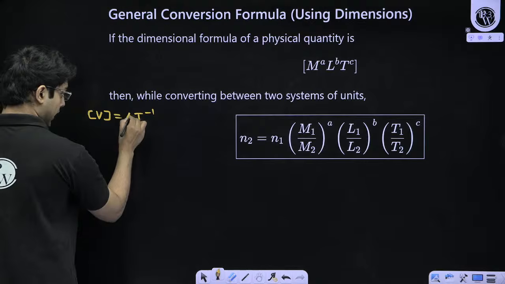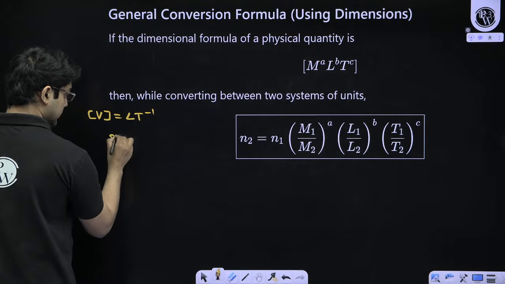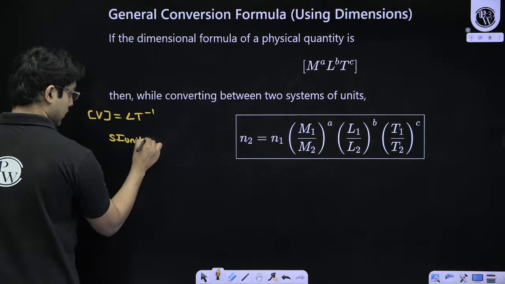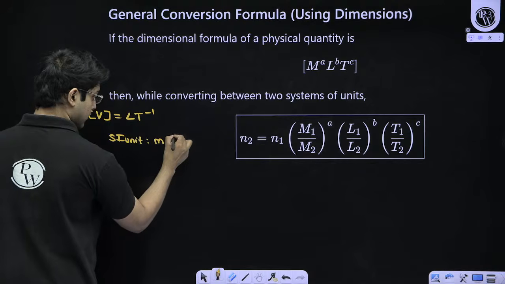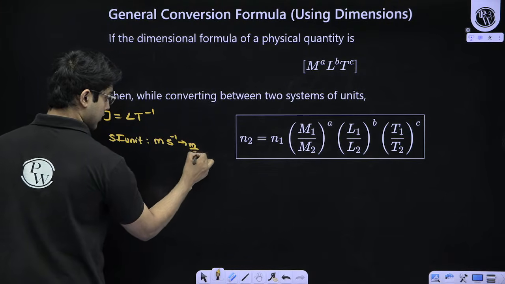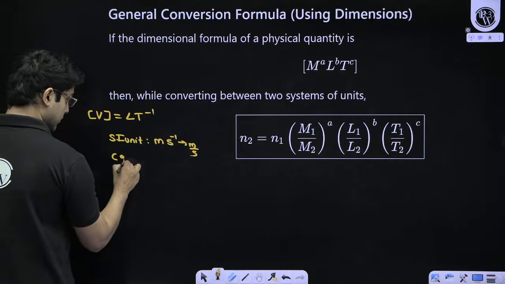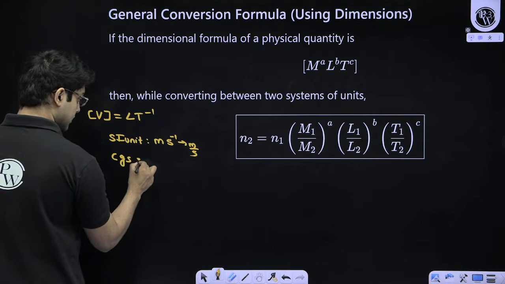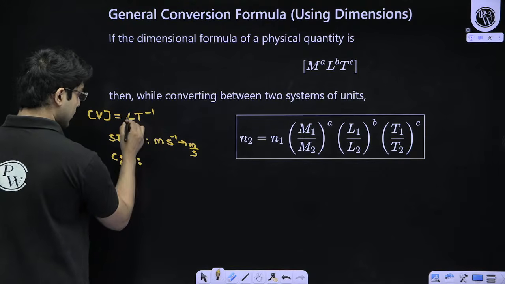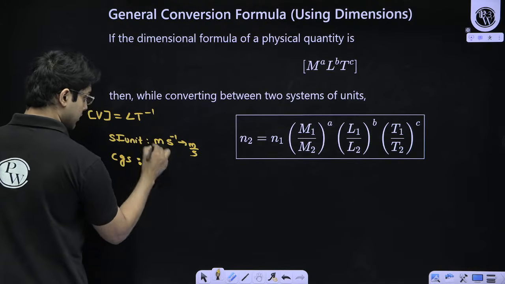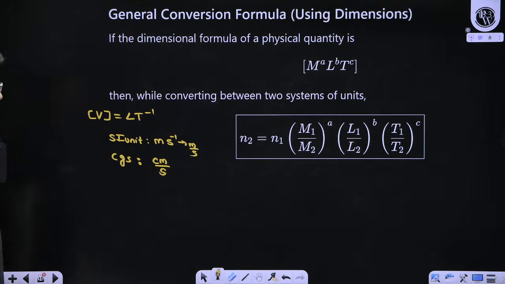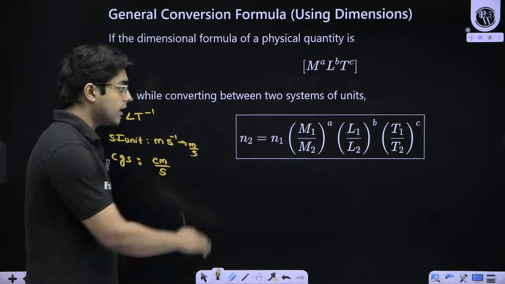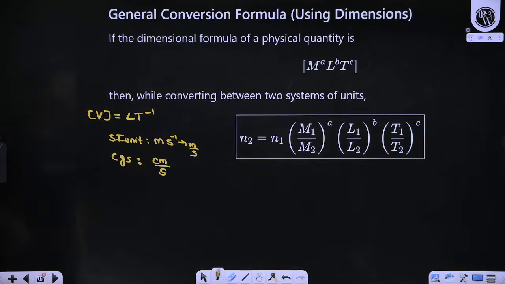Let's say we are talking about SI units: the length unit is meter and the time unit is second, so the unit is meters per second. In the CGS unit system, length is measured in centimeters and time in seconds, so the unit is centimeter per second. So using the dimension, you can figure out the unit as well. I'll explain this using an example, then it will be clear.